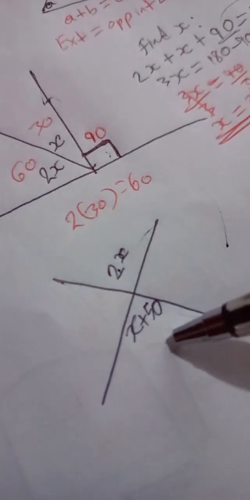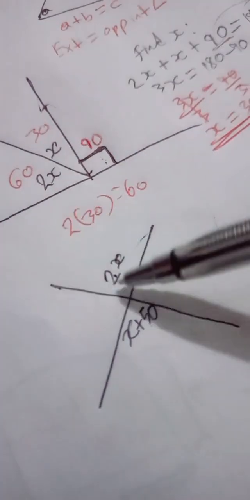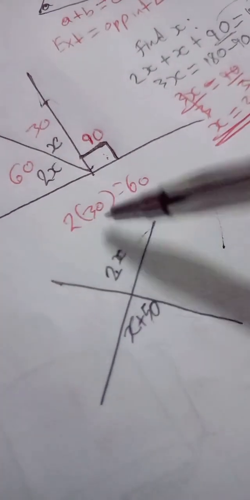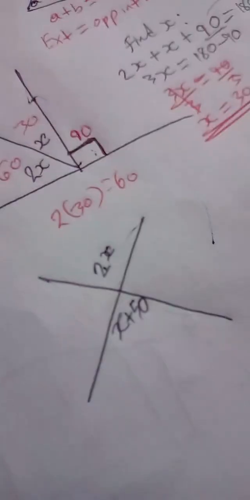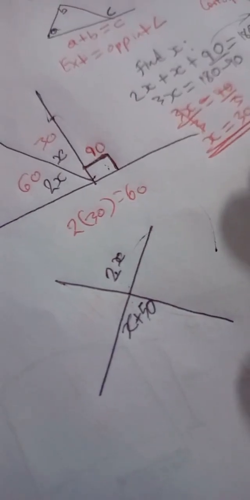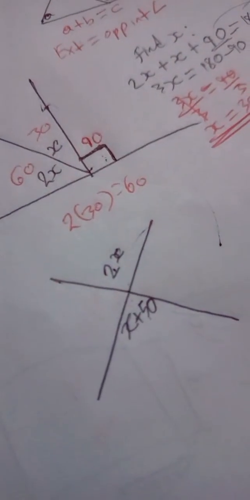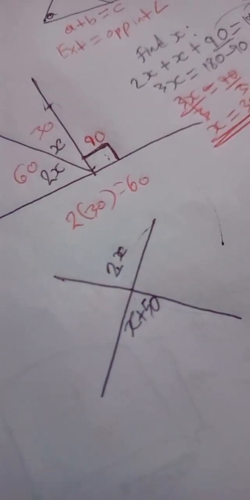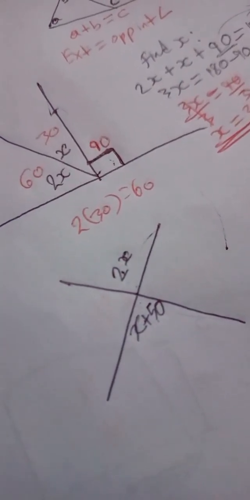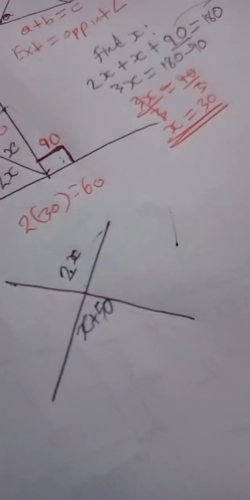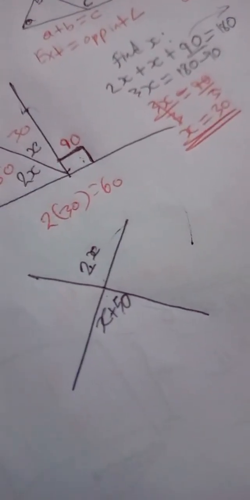So now, 2x, x plus 50. What is the relationship between these two? The question which you must answer first before you do anything is to ask yourself the relationship between the angles.